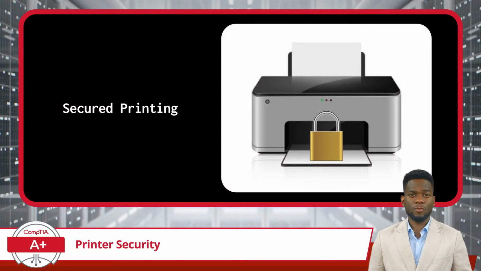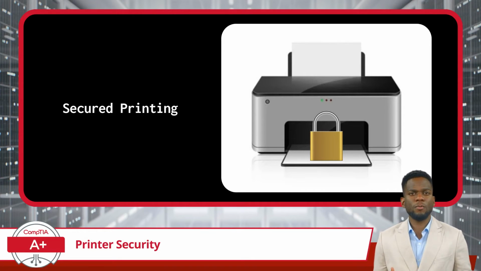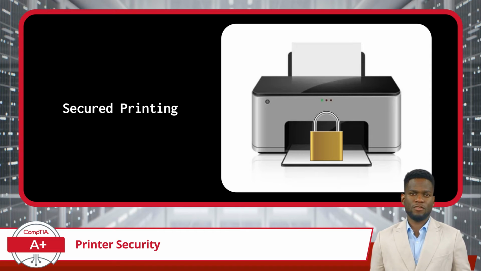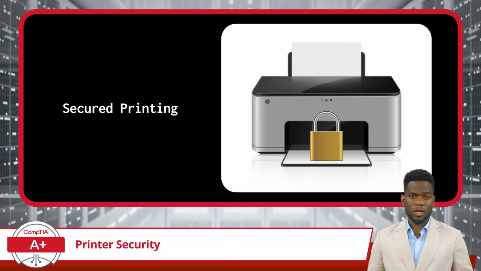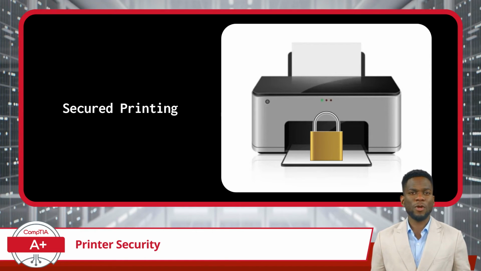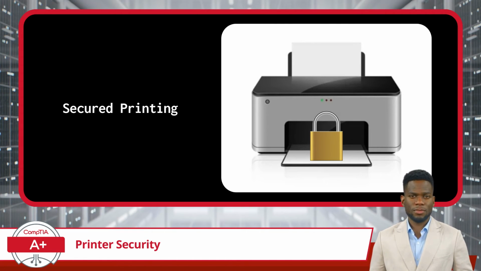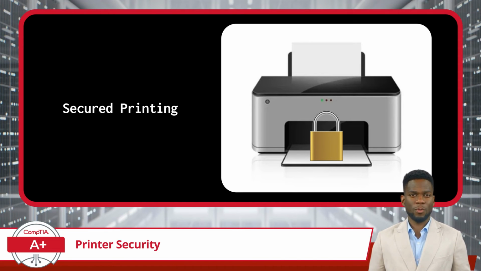Then there is secured printing. This measure is designed to prevent sensitive documents from being prematurely released into the printer's output tray. This functionality ensures that print jobs remain securely stored within the printer until the authorized user is physically present to authenticate. This can be tied in with badging or require a simple PIN or password.